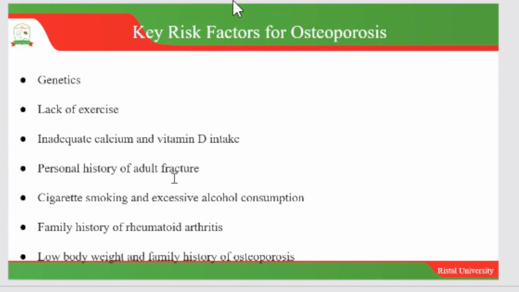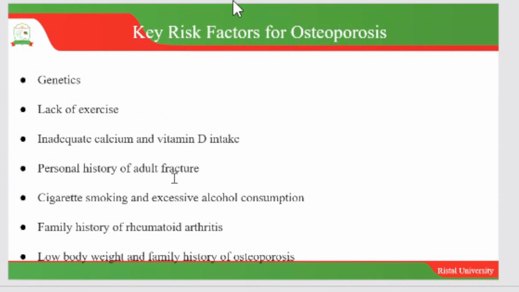Genetics that we've seen, the lack of exercise we've seen, and also the inadequate calcium and vitamin D intake. By now, I believe we know the foods that are very rich in these, and also if the foods are not being absorbed well, or we need a rescue, we know that we could use those fortified foods or we could use the supplements to help out.